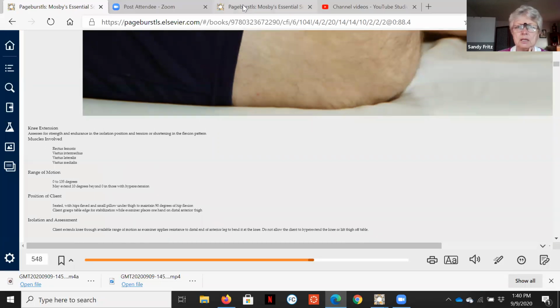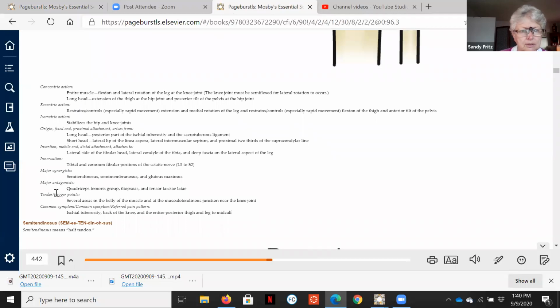So let's go see if those are what's listed. So it's the quadriceps group, and that's what those are for the knee.